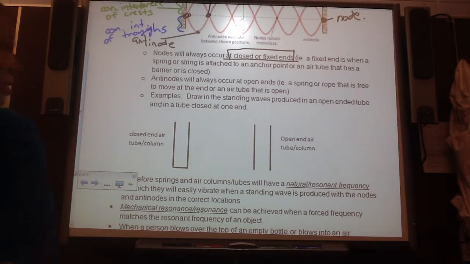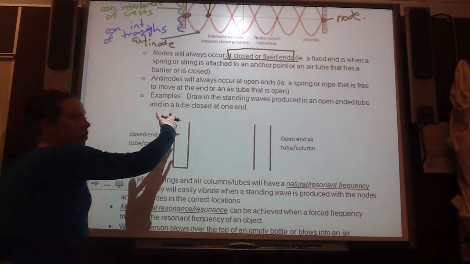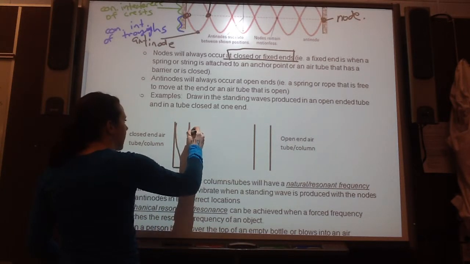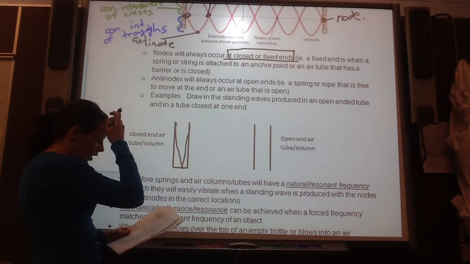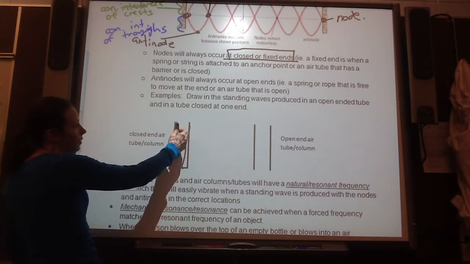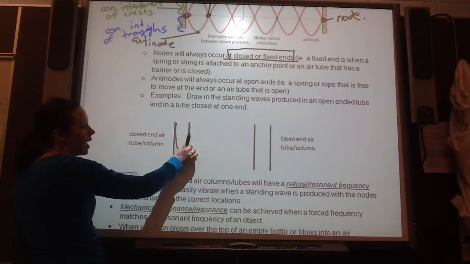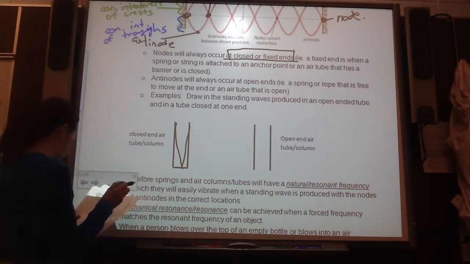So say if we had sound waves moving down this tube, at the end would always be a node. So a wave comes down and it's reflected on itself at the exact same frequency and probably the same amplitude.